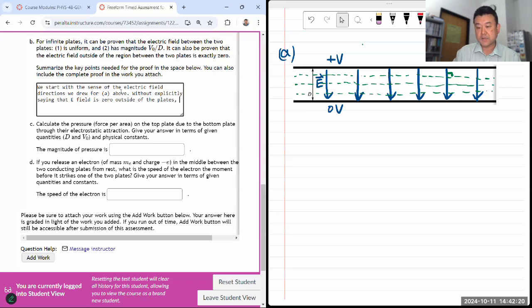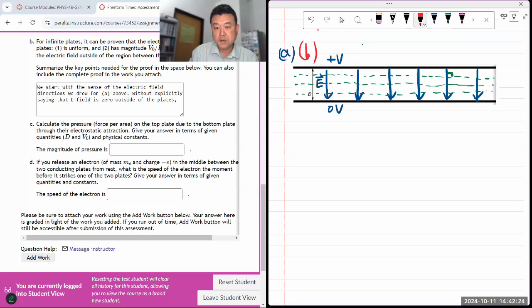So I might say for the drawing, let me say, including B, there could be electric field outside, you know. I think I don't have to necessarily say that the electric field outside is 0.